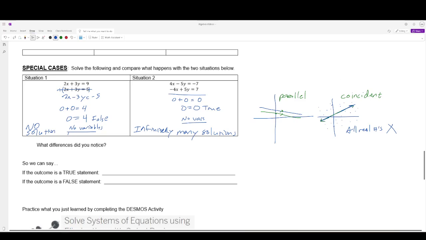So if it's a true statement, then our key phrase, I'll try to write it a little neater, is infinitely many solutions. And if we get a false statement, again, remember this only happens when all the variables go away, then we have no solution. And that's because this one is coincident and this one is parallel.